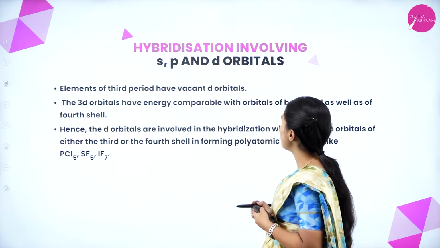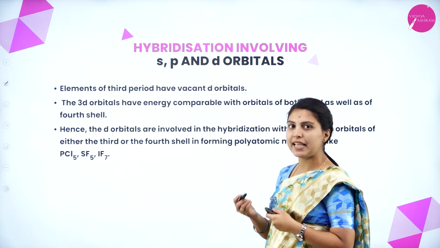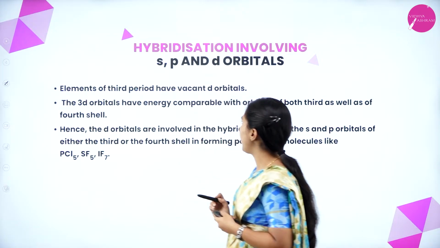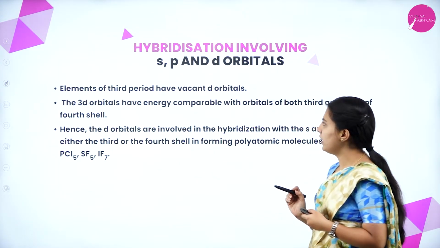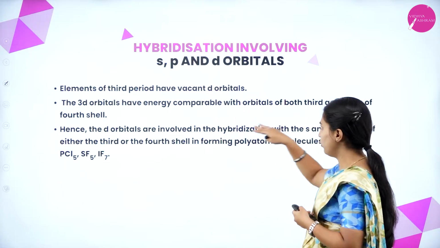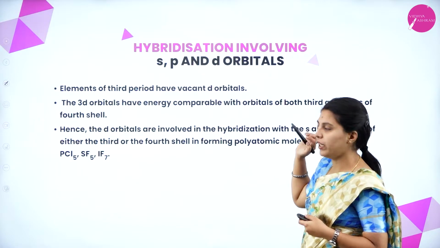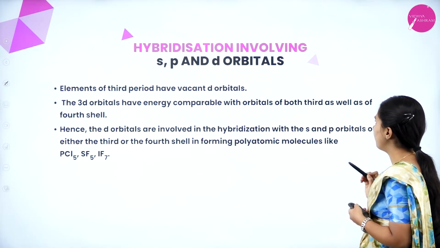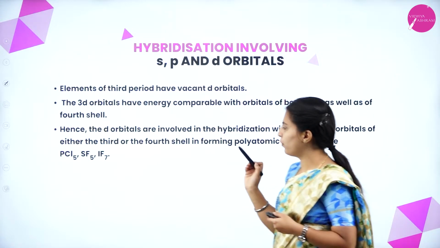Next, hybridization involving 3 orbitals, that is s, p and d orbitals. Elements of the third period have vacant d orbitals. Third period means like this we have to see. Okay. The 3d orbitals have energy comparable with orbitals of both the third as well as the fourth shell.